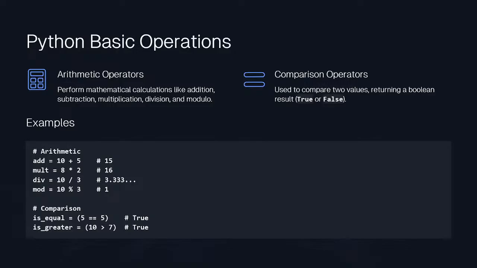Here we use two equal signs to specify that we are comparing them. If we use one equal sign, it means we are assigning a value to a variable. If we use two equal signs, it means we are comparing the values. We'll be seeing all of these in the Python environment, don't worry.